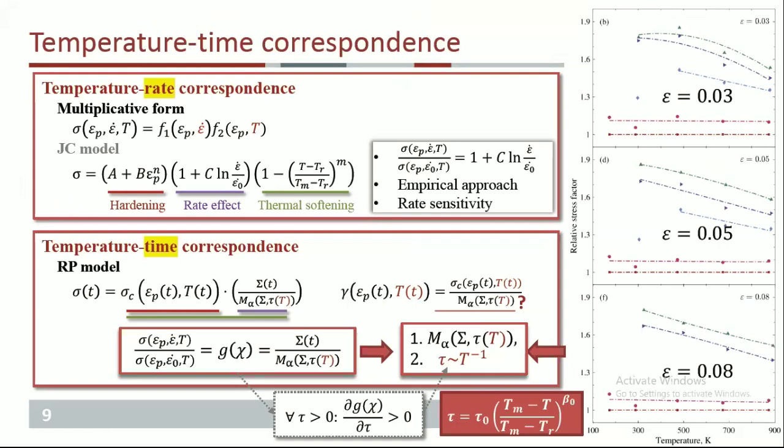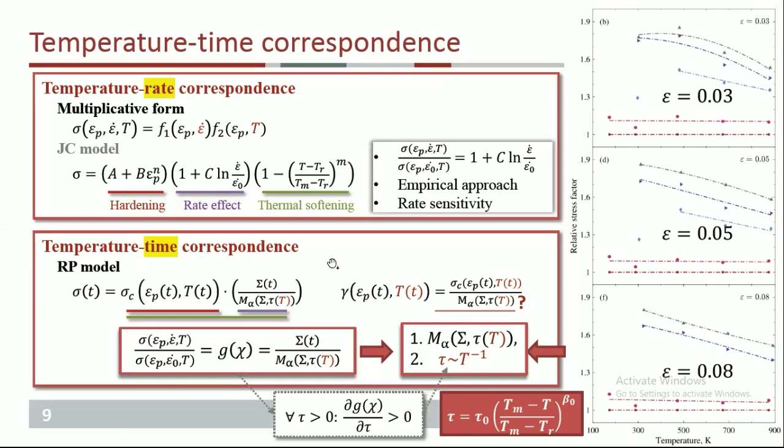Well, in our laboratory, we're investigating the temperature-time correspondence, which actually gives the temperature dependence of the relaxation time, I mean, the relaxation time parameter tau. First of all, in our opinion, it is reasonable to do that because the relaxation behavior should be influenced by temperature.